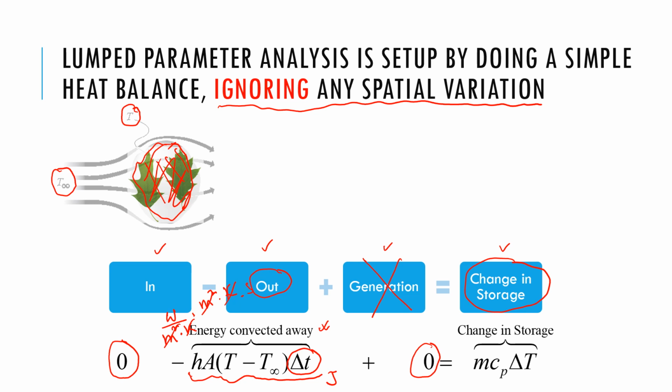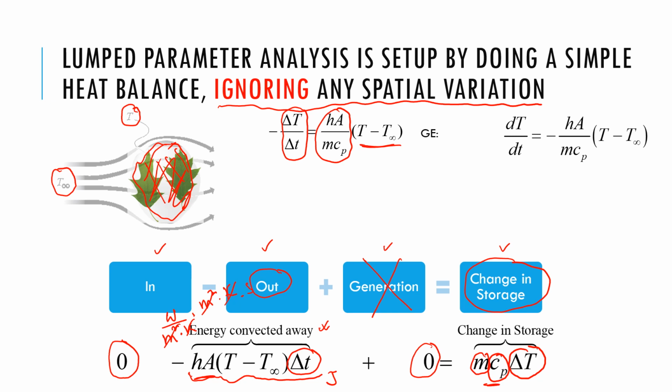So the change in storage is mass times specific heat times change in temperature delta T. So simplifying, we write del T over del t is equal to HA over MCp, these two together, times T minus T infinity.